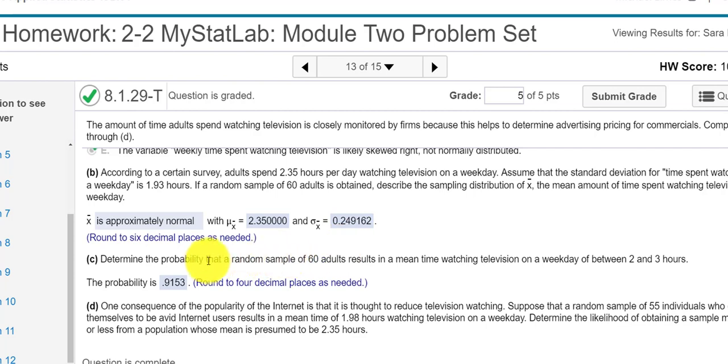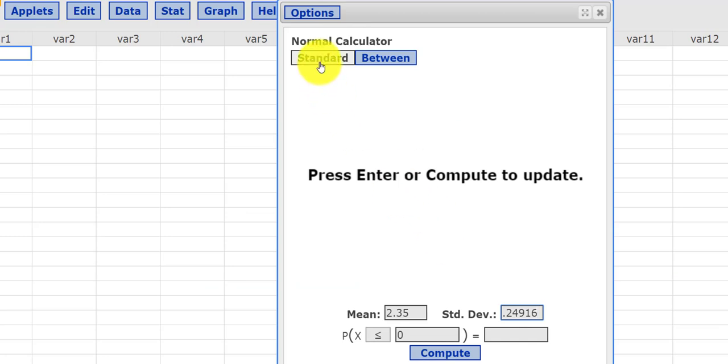And then it says determine the probability that the random sample of 60 adults results in a mean time. So the mean now, instead of being 2.35, we want to know the probability that the mean is between 2 and 3. So in StatCrunch, normally this is my standard calculator, but I want to find the value between 2 points.